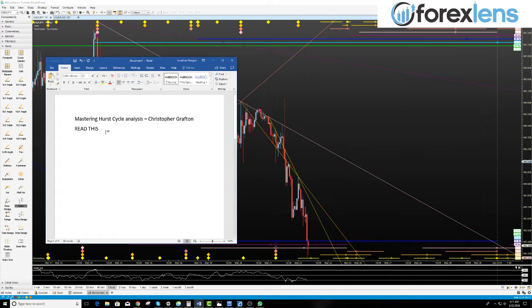Because I'm going to tell you right now, one of the secrets of forecasting prices is using the tools of the old market masters, the old fathers of technical analysis. Because if you've been reading anything on Gann, then Hurst is going to make sense to you, because Hurst is just a specialized part of Gann's theory of cycles.